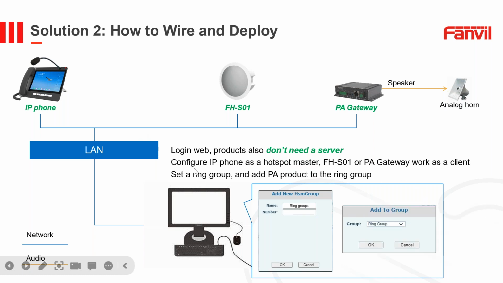You can configure the IP phone as a hotspot master, and the FH01 or paging gateway can work as a slave. You can set a ring group on the IP phone's web and add the PA product to the ring group. So when the IP phone is called, the public address endpoint will play the sound.